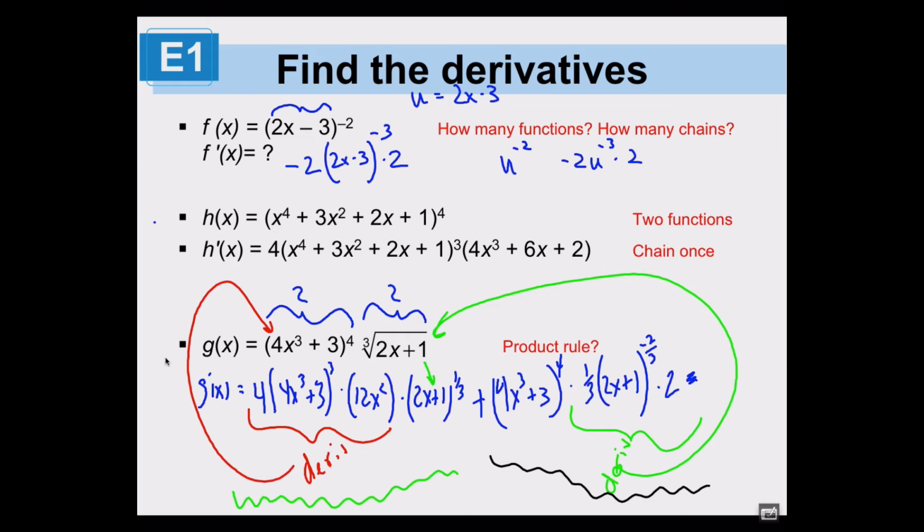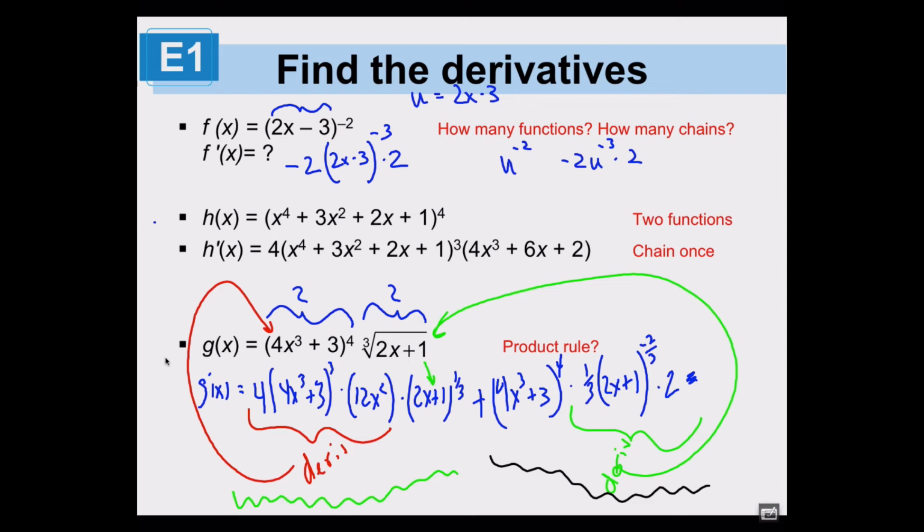That's one thing they have in common. What's the other thing they have in common? They have a 4x cubed plus 3 to the third power in common, and they have a 2x plus 1. The question is, which power will I take out?